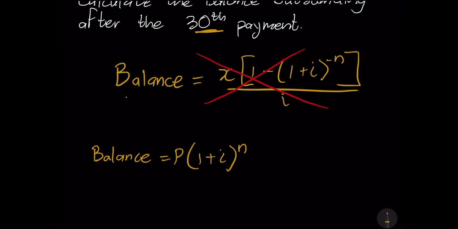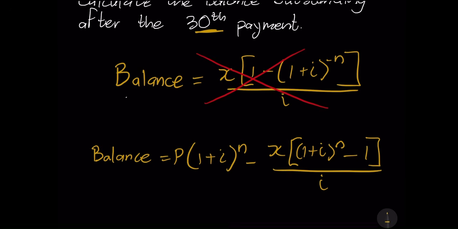They are talking about 30 payments in this case. Minus x times ((1 plus i) to the power n minus 1), and we divide by the interest rate.